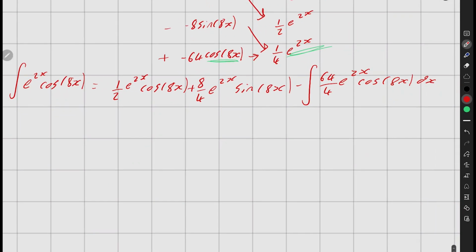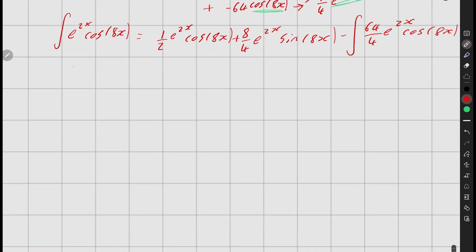Okay, so we can simplify this down a bit. 64 divided by 4 would be 16, so let's just simplify things down a bit. We have the integral of e to the 2x cos 8x equals a half e to the 2x multiplied by cos of 8x plus 4 goes into 4 once, into 8 twice.